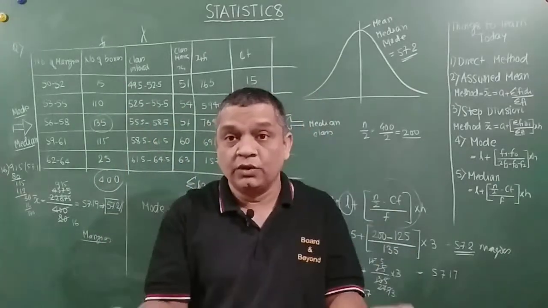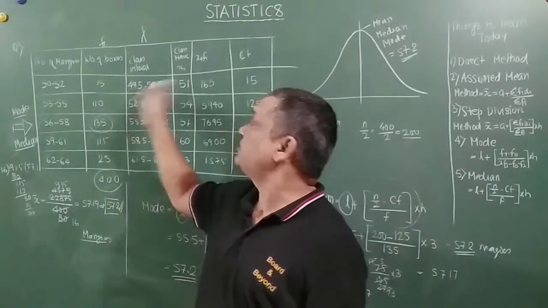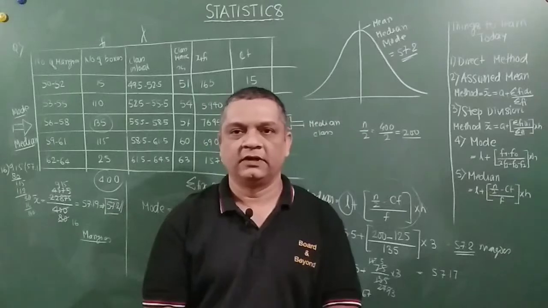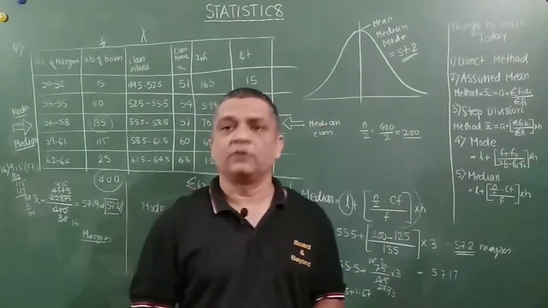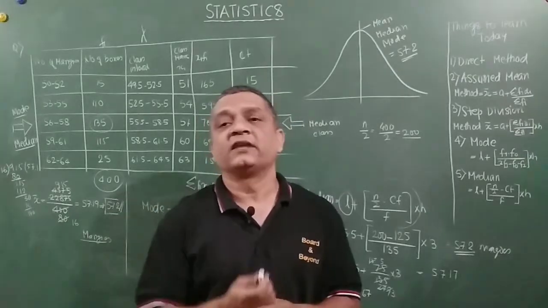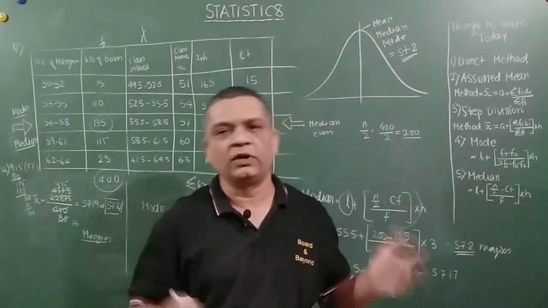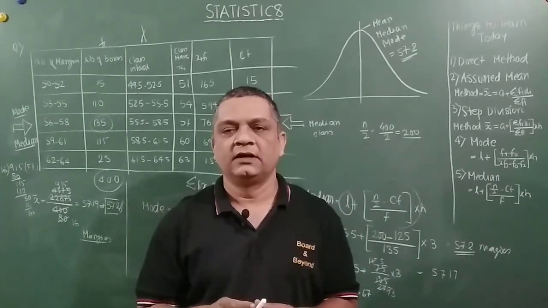If the gap is 2, then you have to take 1, right? So then it becomes 49 and this becomes 53, and so on and so forth. Mode can be taken out for class intervals which are not regular, but we will not consider it here. We will consider only up to whatever is there in the syllabus, right, friends?